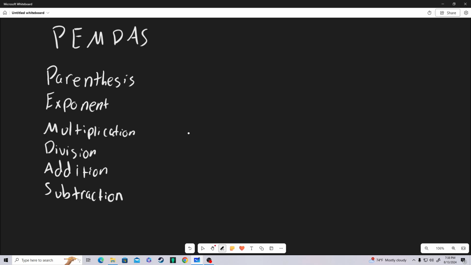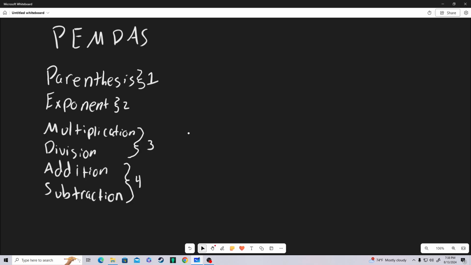Now, parentheses are always step 1. Exponents are always step 2. Multiplication and division together are step 3. Addition and subtraction together are step 4.